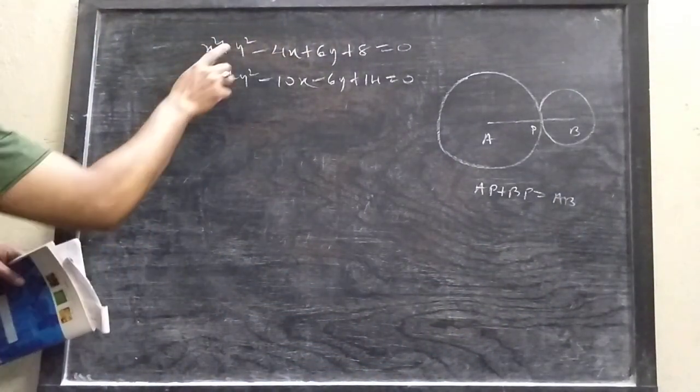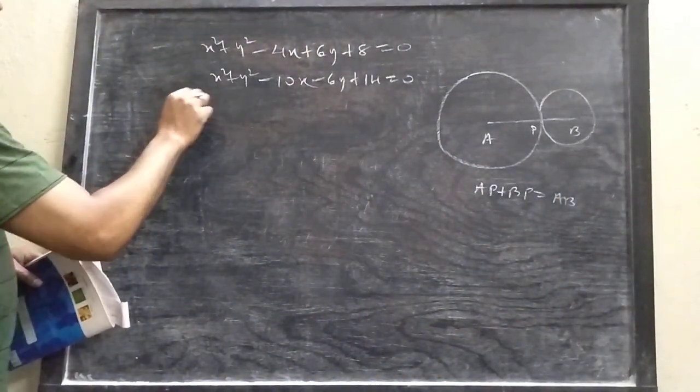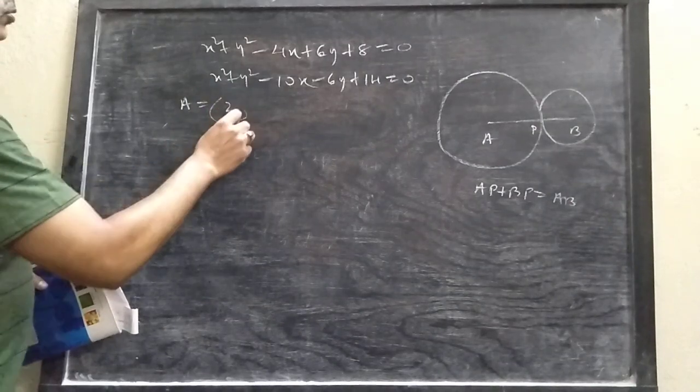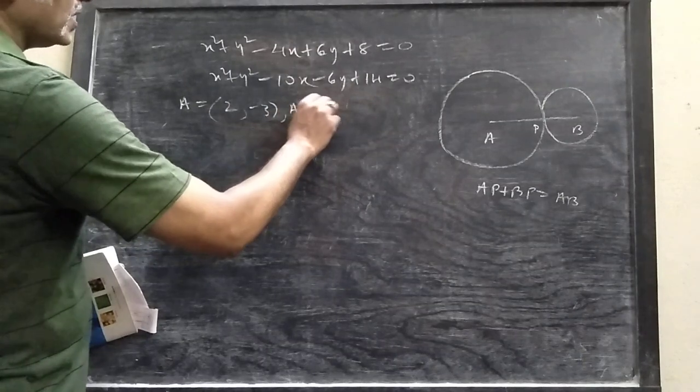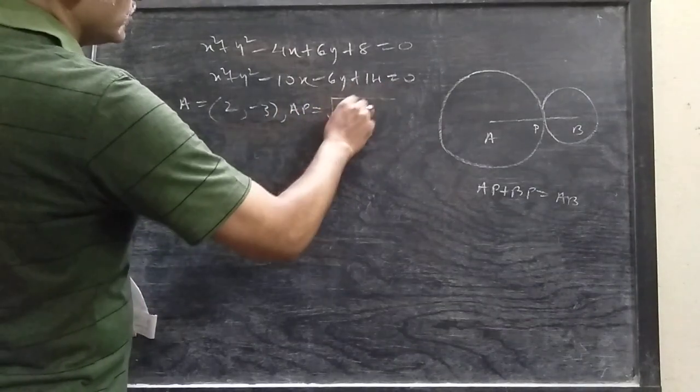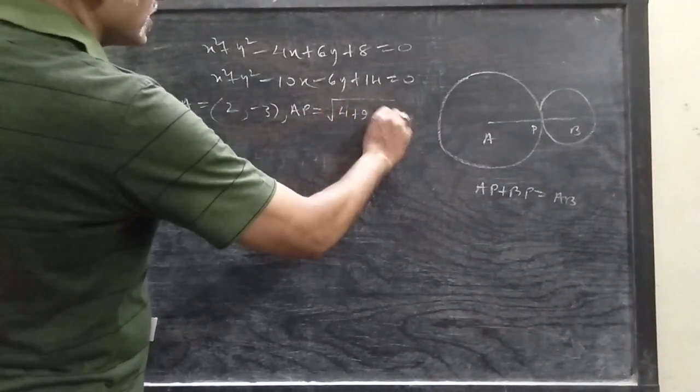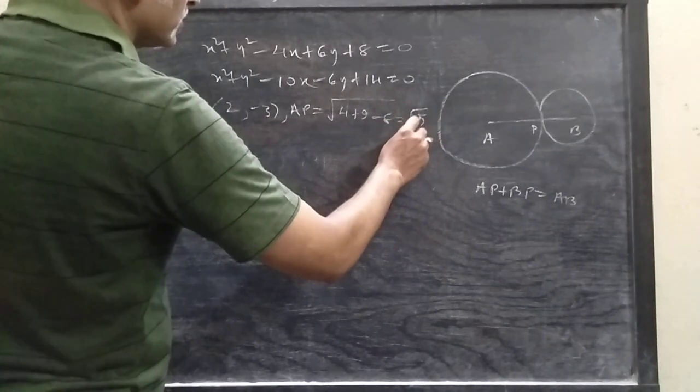Here, the coordinates of the center of the first circle, A, are (2, -3) and its radius AP is root of 4 plus 9 minus 8, that is root 5 units.